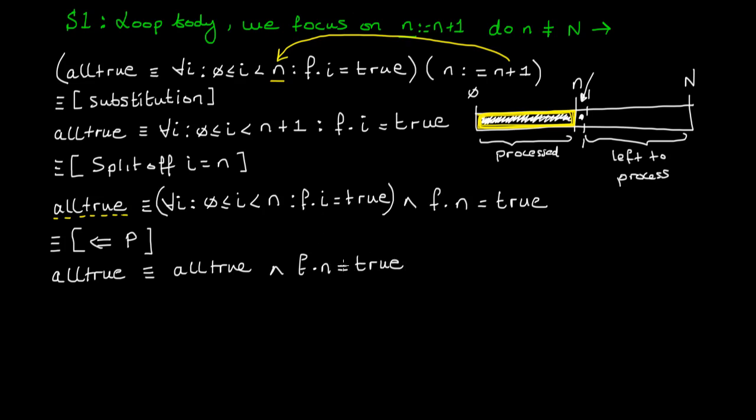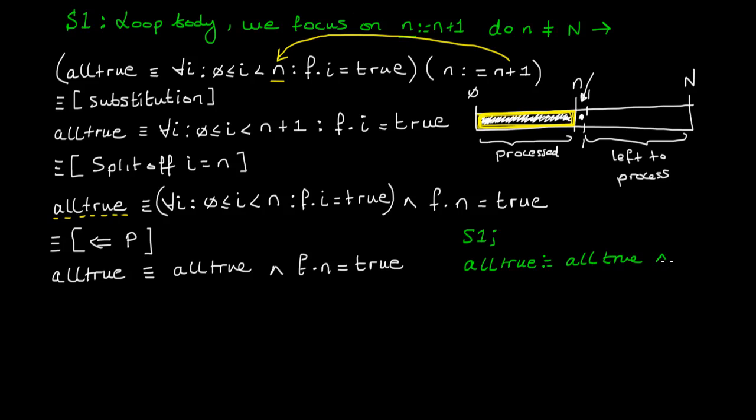And that's the answer. That is the loop body. So then S1, our loop body, is given by all true becomes equal to all true and f.n equal to true.